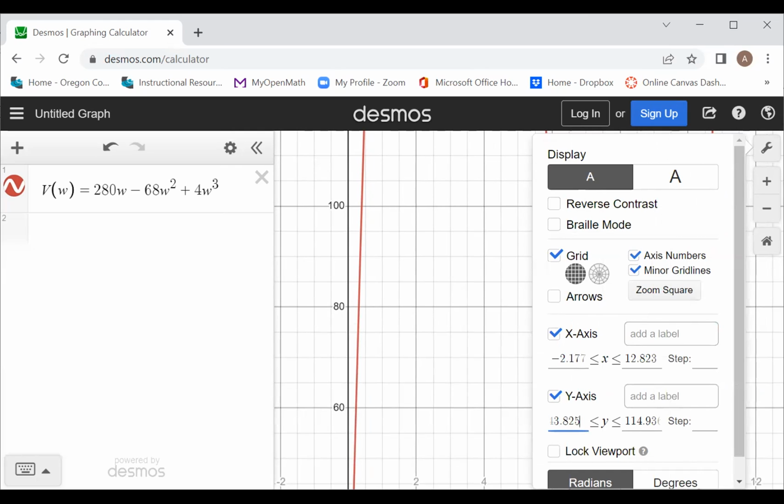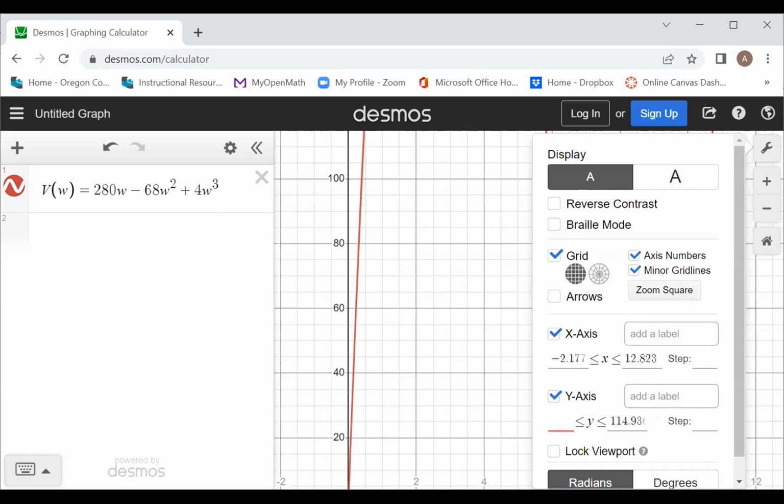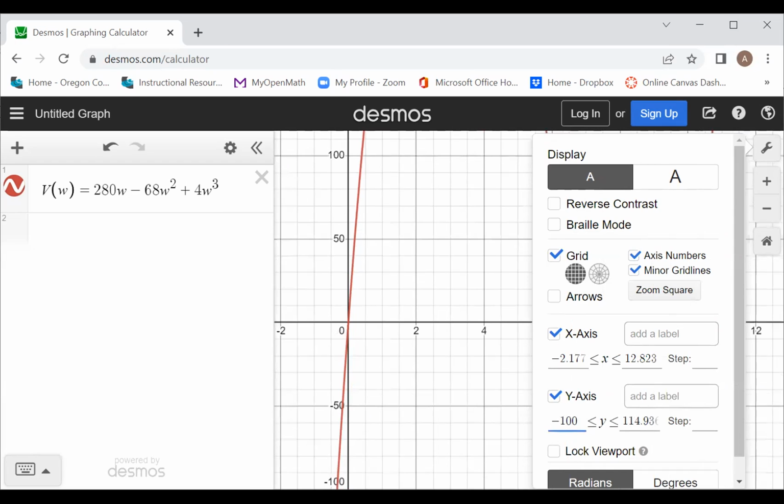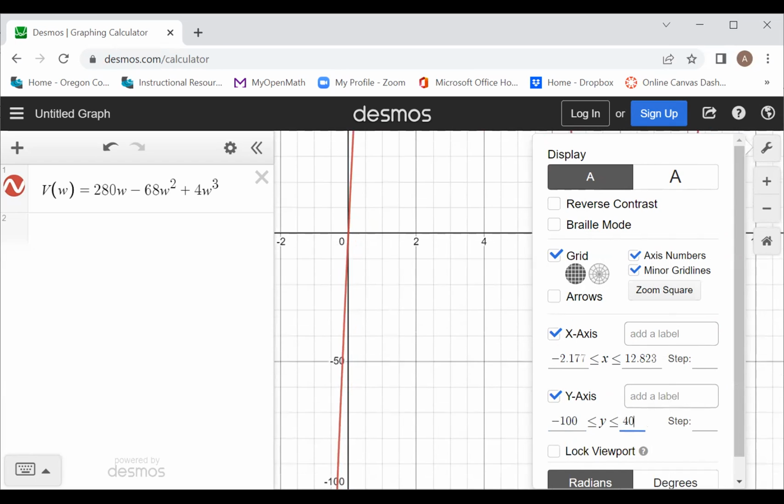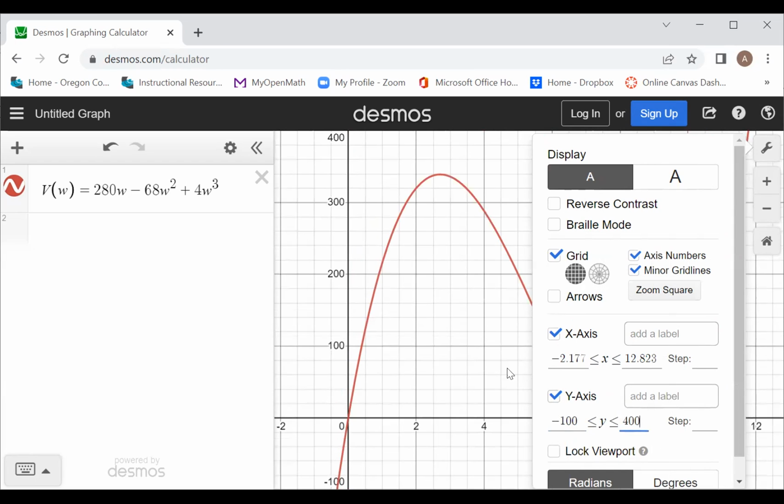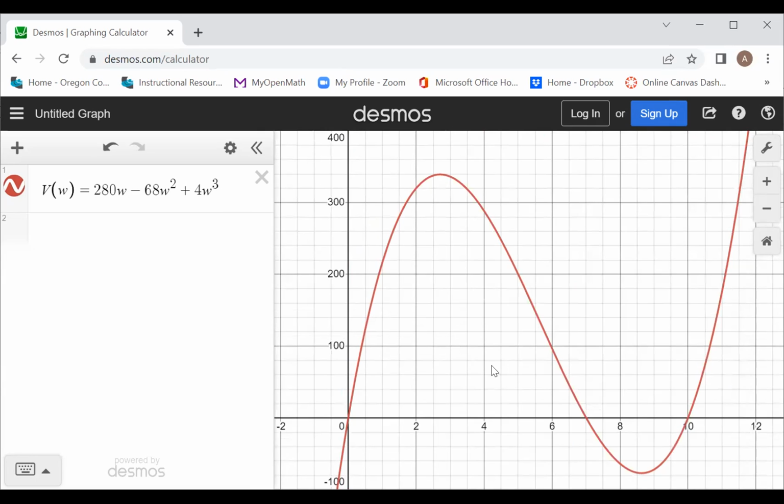I was doing the lower half of the y values, that's my problem. So let's go from negative 100 to 400. Gotta do the positives. There it is. I see the top now and the bottom, a much better picture. I kind of just based it off of guessing.